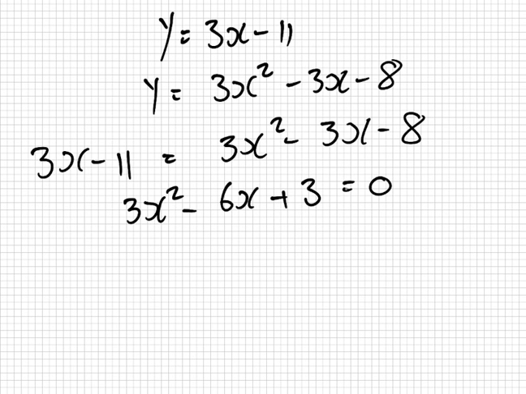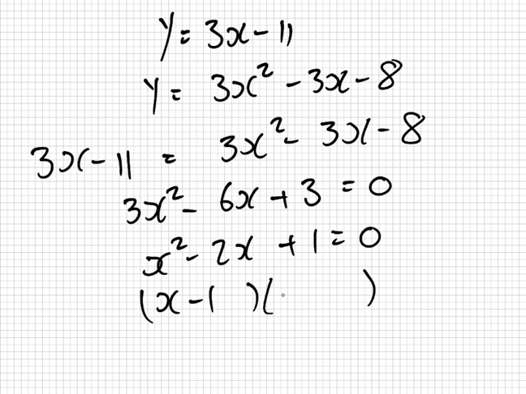I'll factorize it, but before factorizing, I'll divide everything by 3. Now I'll factorize. Well, I can see that it must be, there's no choice, minus 1 and minus 1. So I actually only have one answer here, x equals 1. So that means y would equal minus 8.